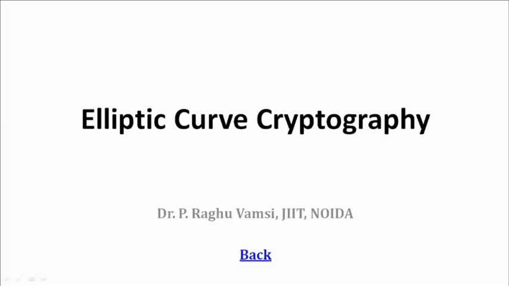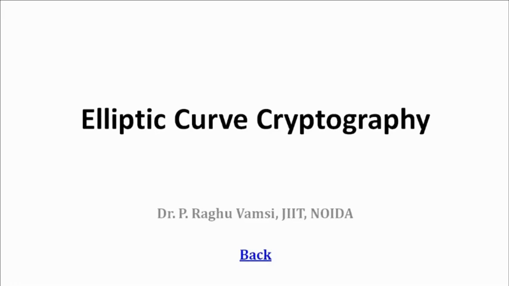In the last lecture, we stopped at elliptic curve cryptography, which is popularly used for blockchain security, especially to achieve confidentiality, integrity, authentication, as well as the non-repudiation property.